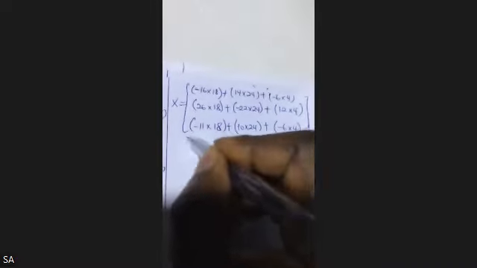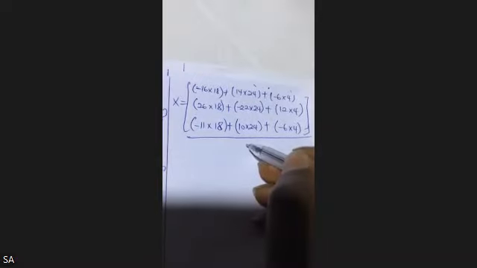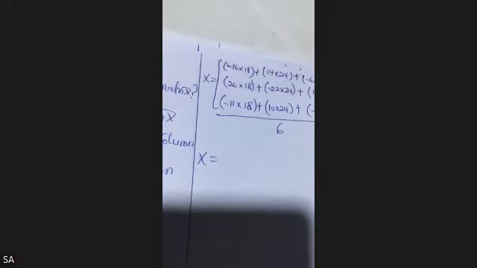Okay, close the bracket, divided by 6. So x will be, let's go there. Minus 16 times 18. Please help me out.